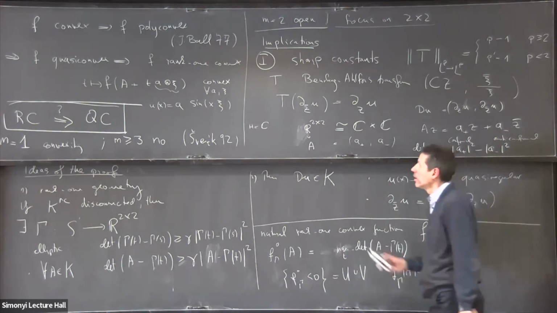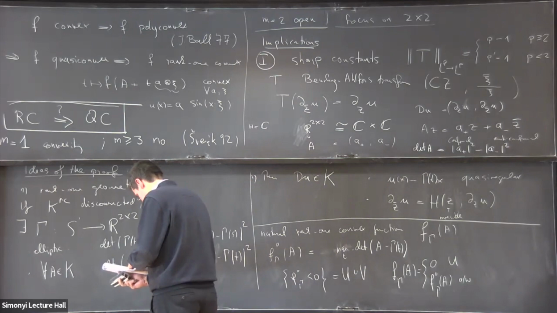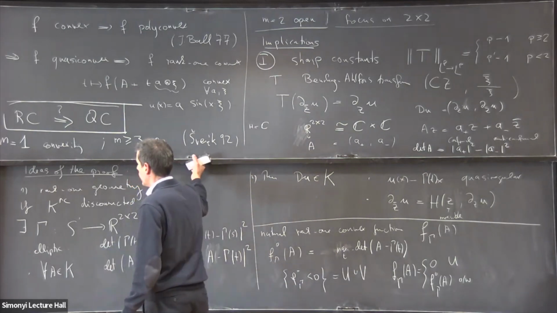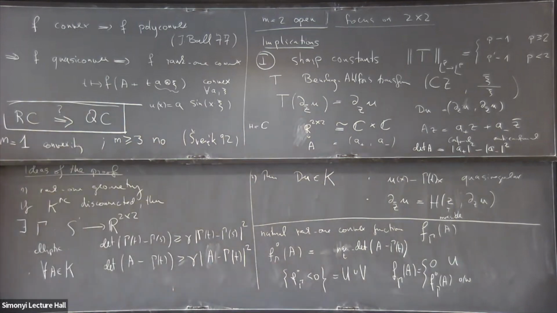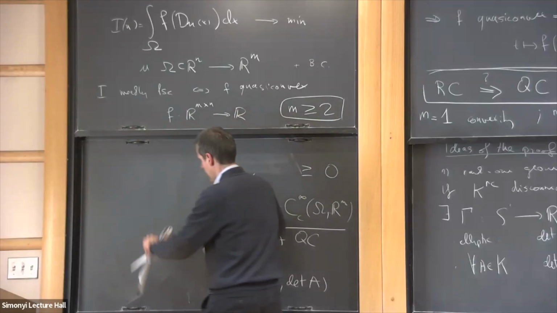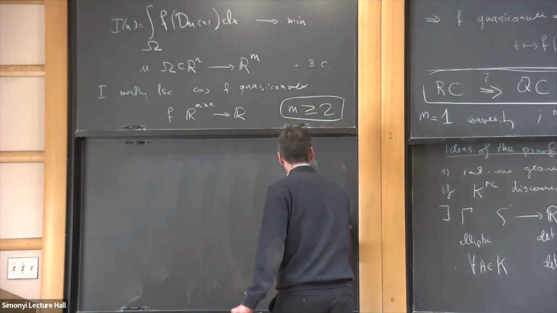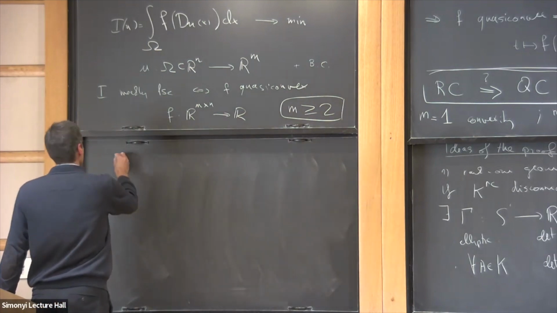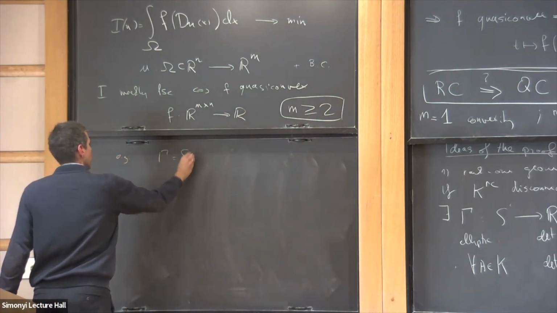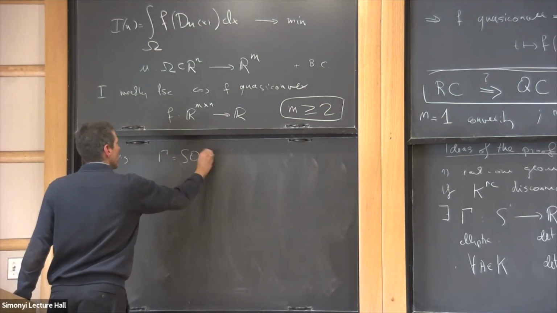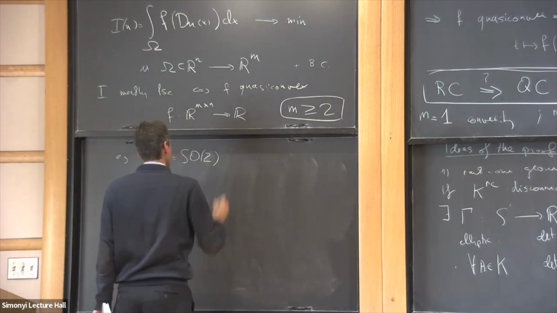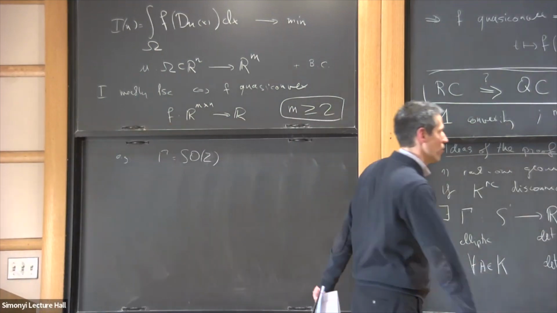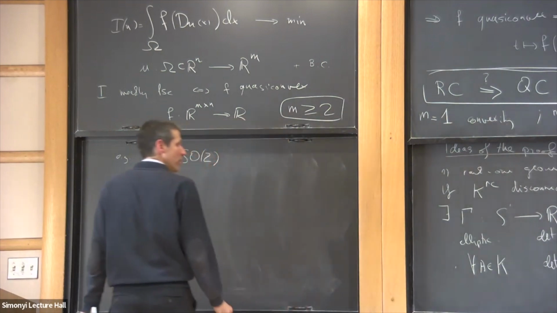It's a local maximum. Maybe now it's best to give an example of this. For example, if gamma is just SO(2), this is just the unit circle in the plane of conformal matrices.